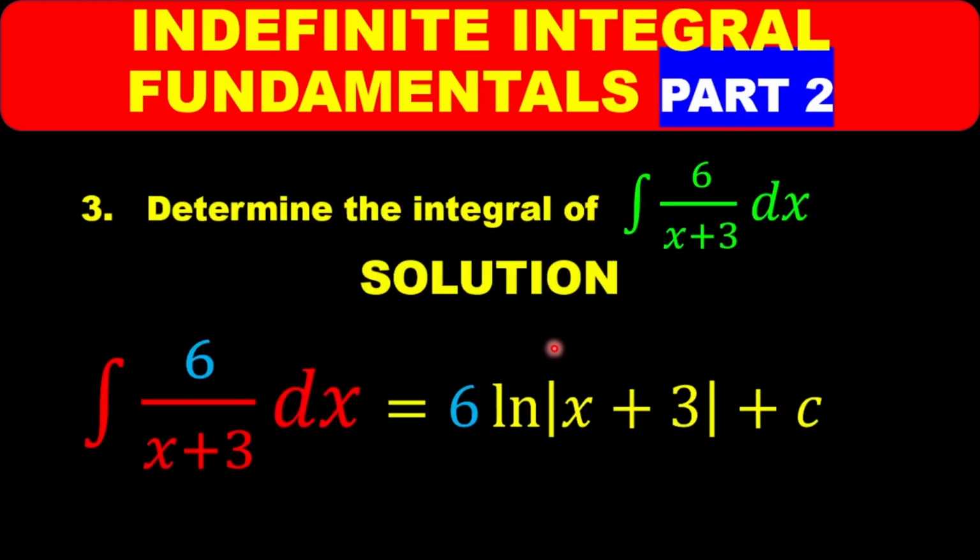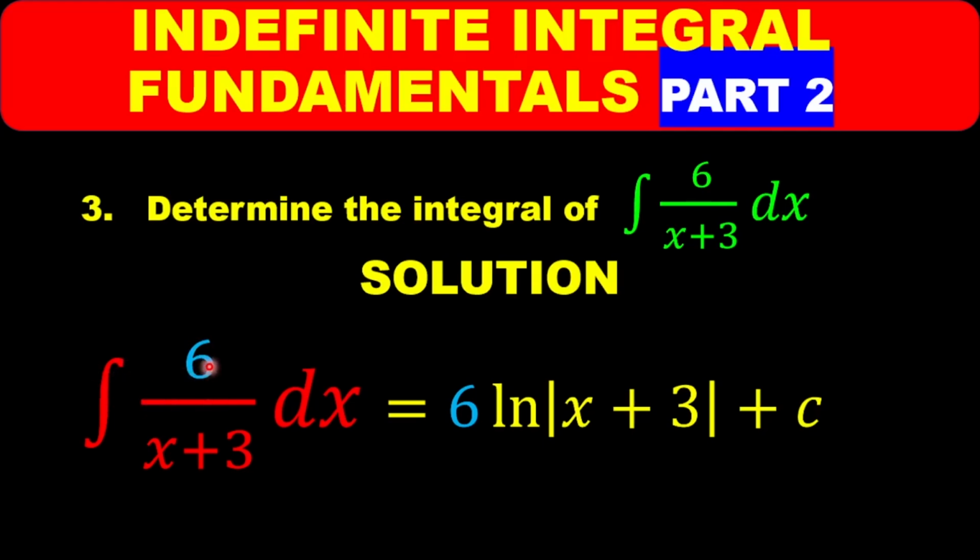Now the next one, we have this. Determine the integral of 6 over x plus 2 dx. So look at this. Here we have 6 here, and then we have divided by x plus 2. Remember, as I said earlier, this 6 is what I have here in the blue color, and we are integrating this.